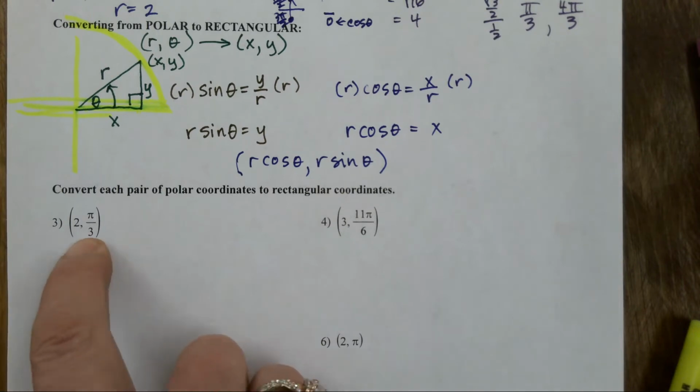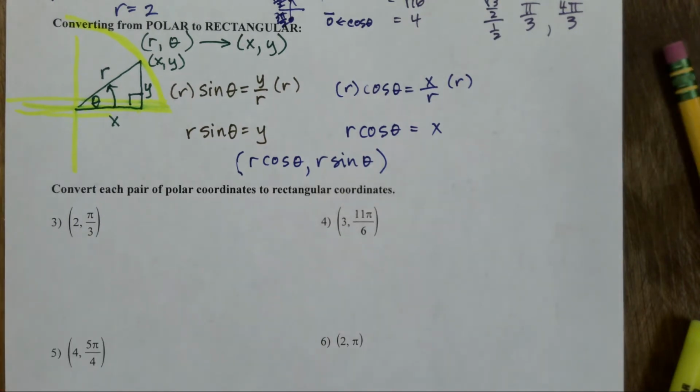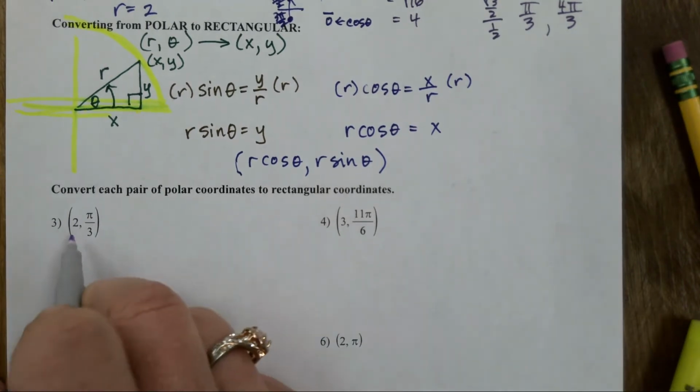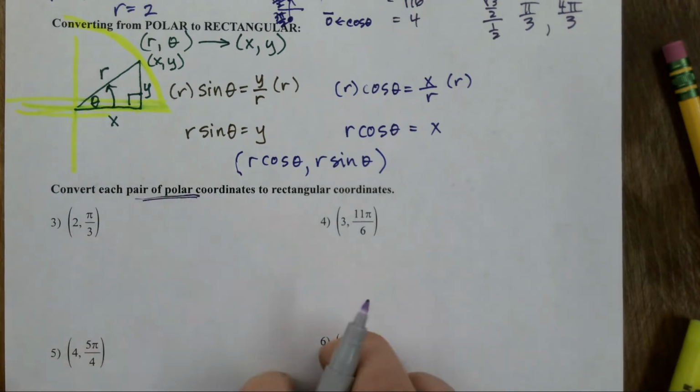So if I'm working on problem number 3, this is polar. I know it's polar for 2 reasons, because they said each pair of polar coordinates is what I'm converting. And I also am pretty sure because I have an angle in that position. But if you're not sure if it's polar or rectangular, just read the directions.